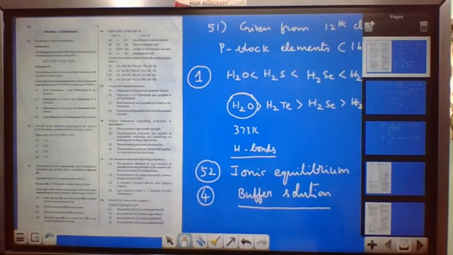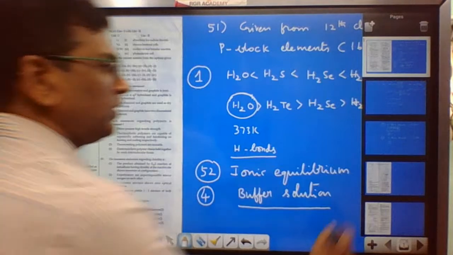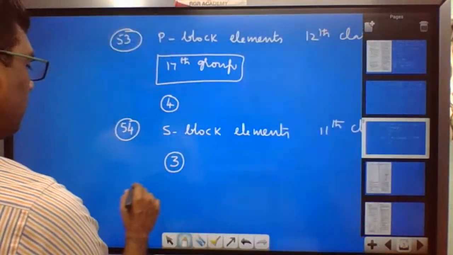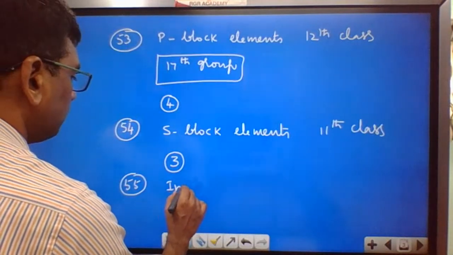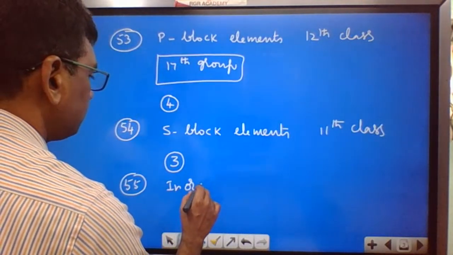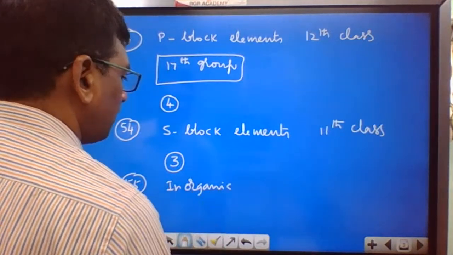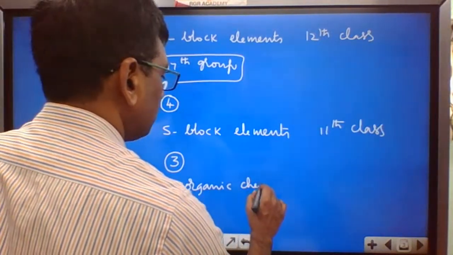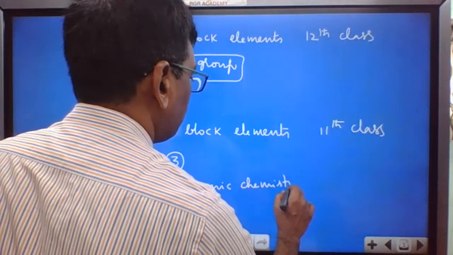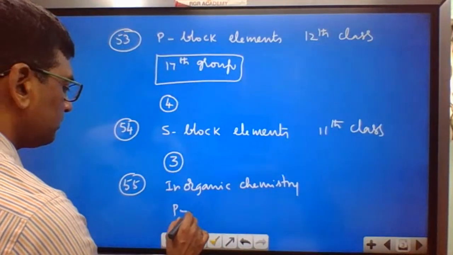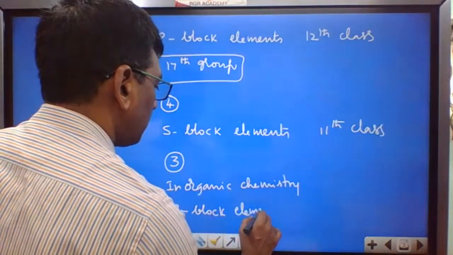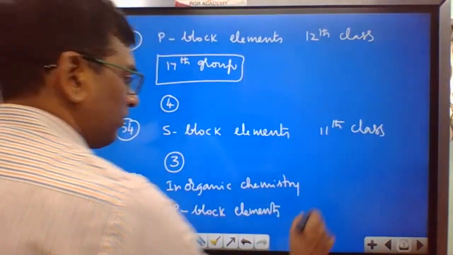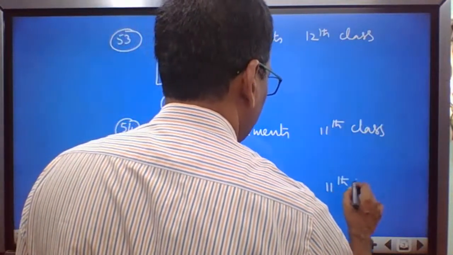This is also given from inorganic chemistry, P block elements of 11th class.